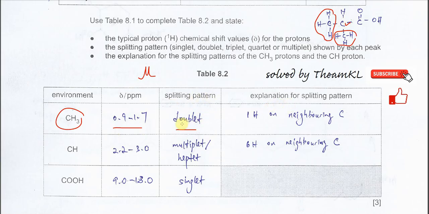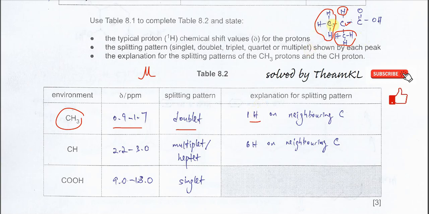Why does it have this doublet? Because the adjacent carbon has one proton, one proton on the neighboring carbon. That's your explanation. It's just because of one proton only on the adjacent carbon, it's coupled with these methyl groups, so 1 plus 1 is 2, so you get a doublet.